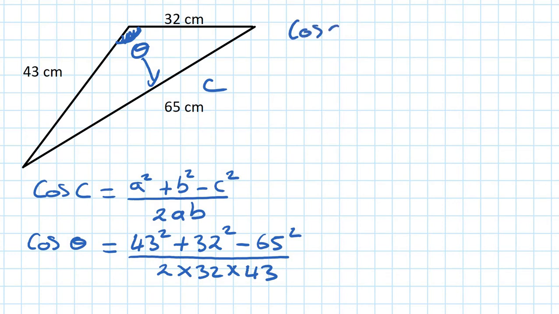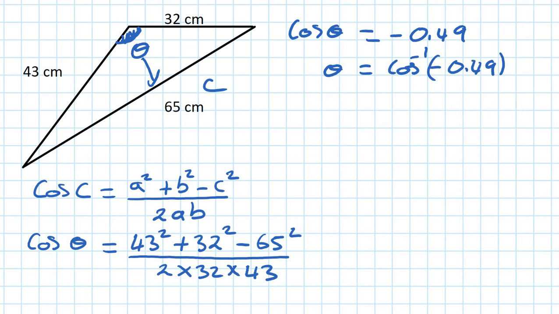So cos theta is equal to, now put that in the calculator, I get negative 0.49 and a whole bunch of other numbers. I just write this first. So now theta equals cos inverse of negative 0.49. Of course, I'm not going to put in the calculator just negative 0.49.